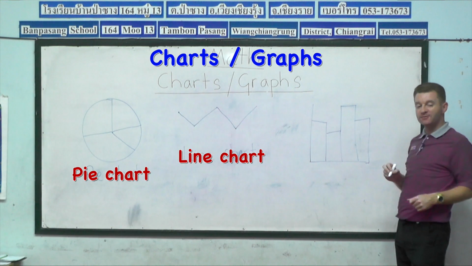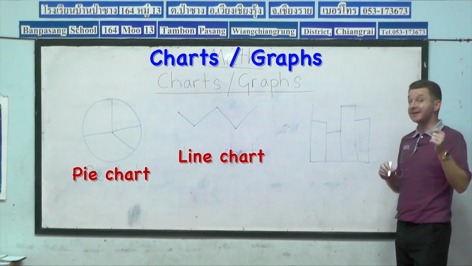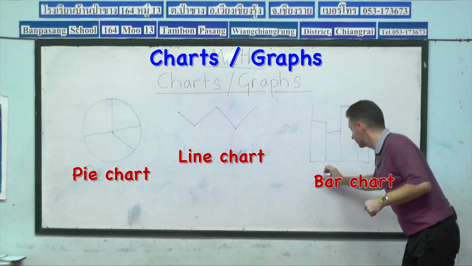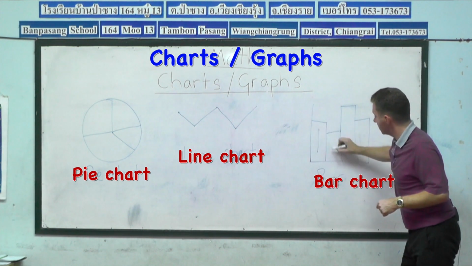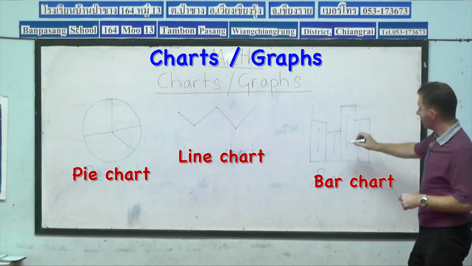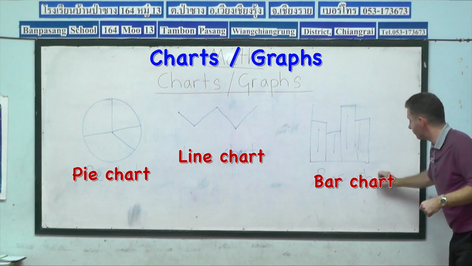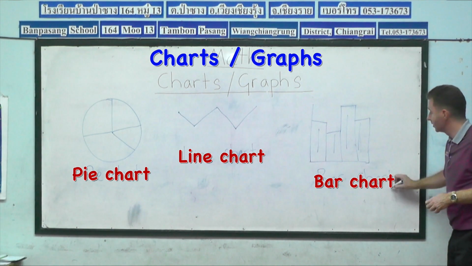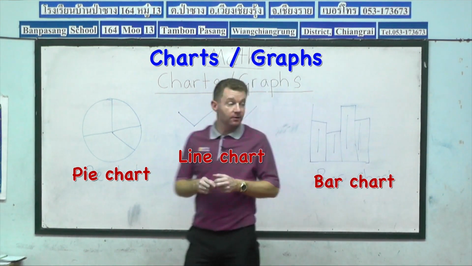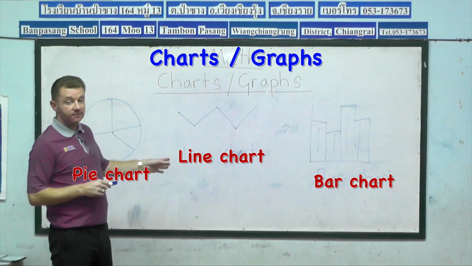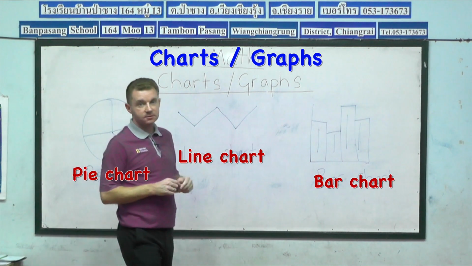Yes, so what type of chart is this called? This is a bar chart. B-A-R for each bar. Because what the bars do, they represent the different parts of the information. So altogether, guys, we've got pie chart, line chart, and bar chart.